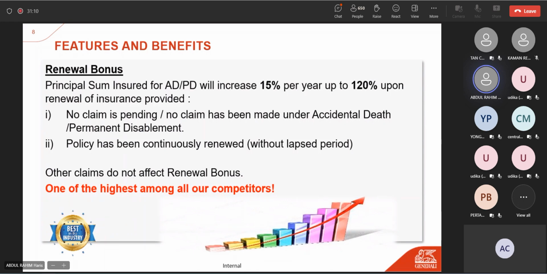So it's 100,000 on your base, plus another 120,000. So total 220,000 is paid out, once you have reached 120% renewal bonus. The renewal bonus policy is an annual policy. So yes, renewal bonus is only on every year renewal, continuous renewal.